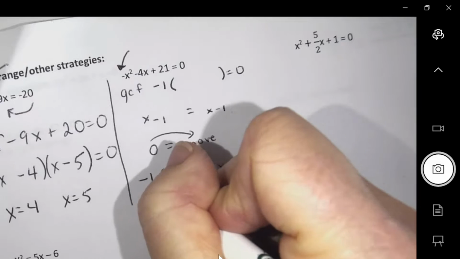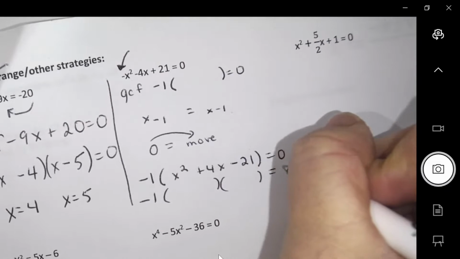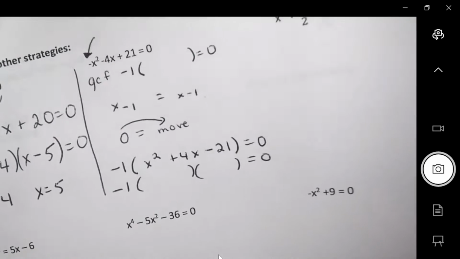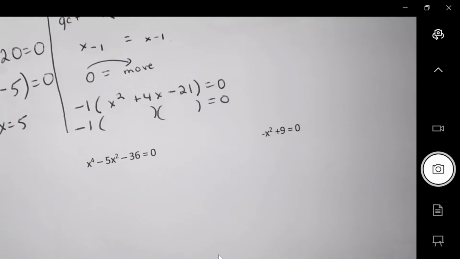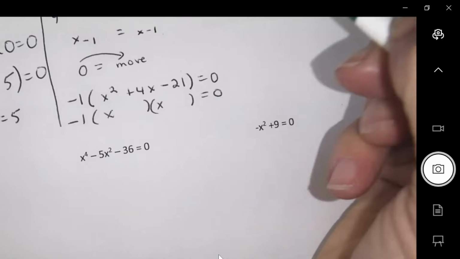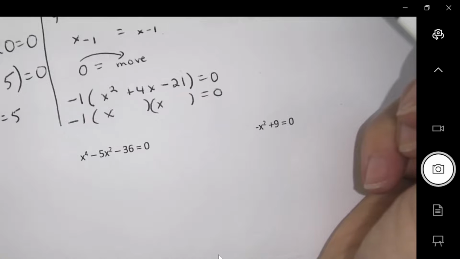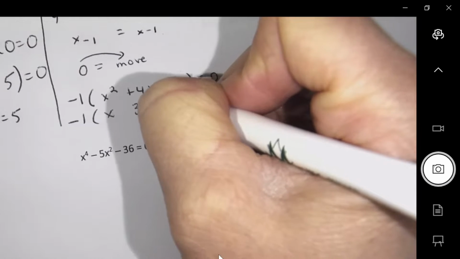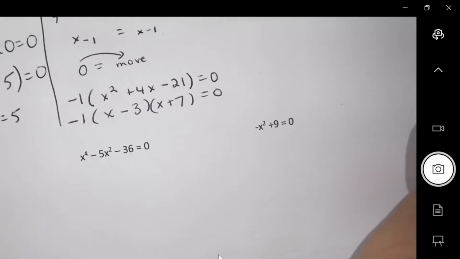Okay, let's factor. And I'm recognizing something. I'm saying, hey, that's a simple trinomial. I recognize it. So I need something to multiply to 21: 3 times 7. And I need a plus 4. Negative.